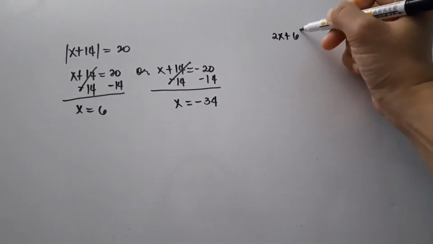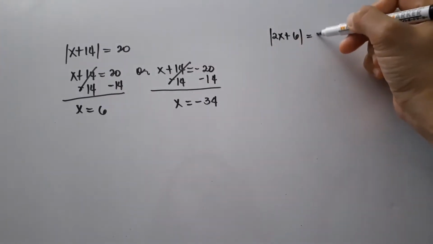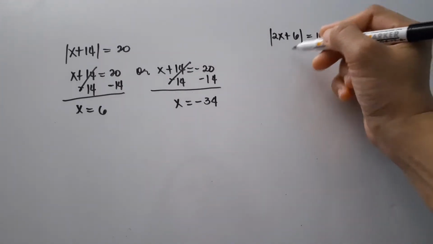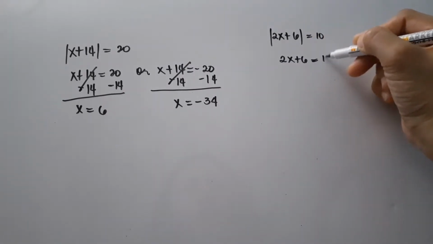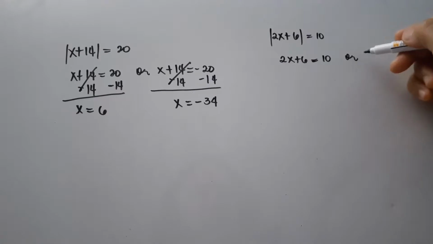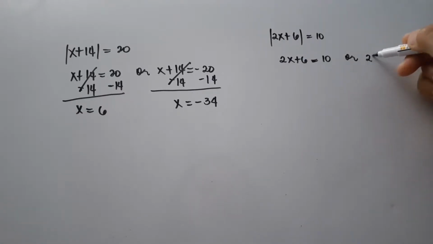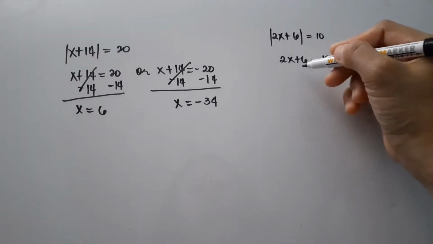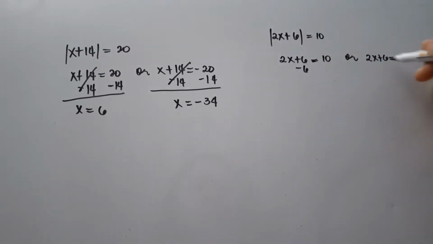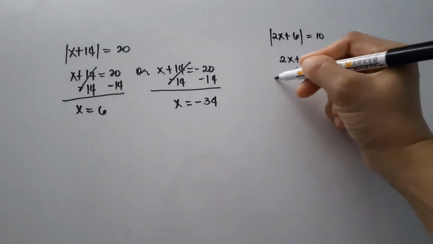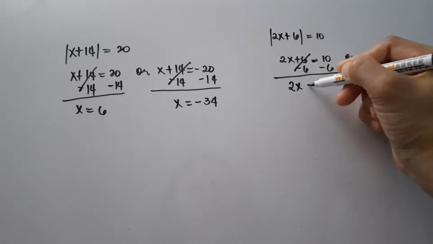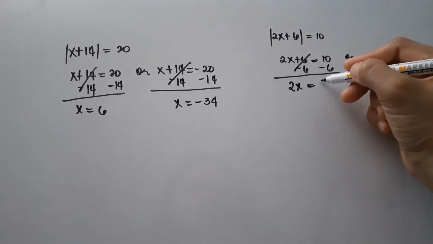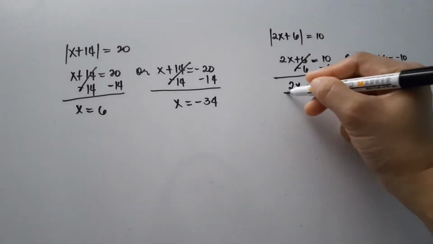And then let's have another example. The absolute value of 2x + 6 is equal to 10, where we can solve the positive side, which is +10, or 2x + 6 is equal to -10. In this equation, we subtract 6 from both sides, and then 2x is equal to 4, since 10 minus 6 is 4.